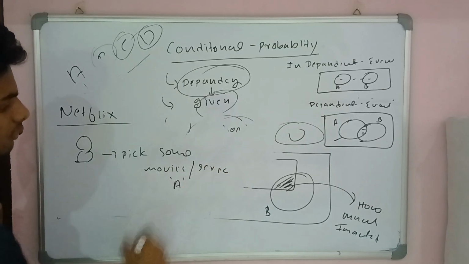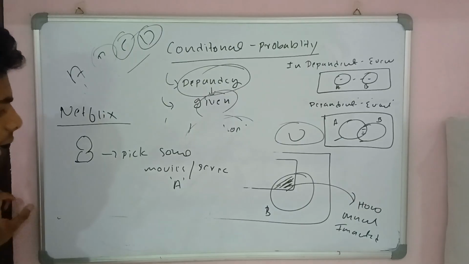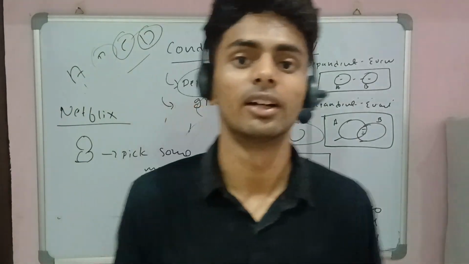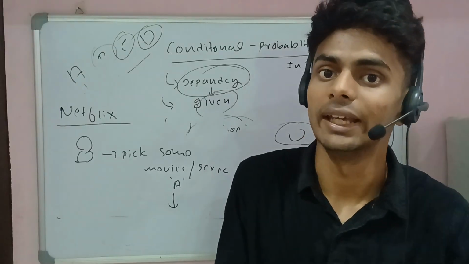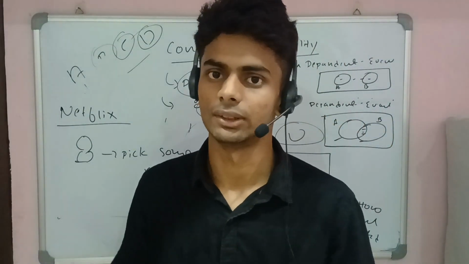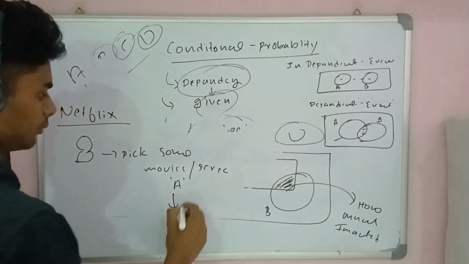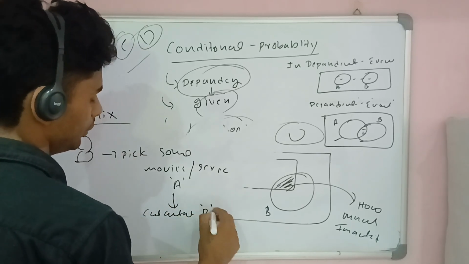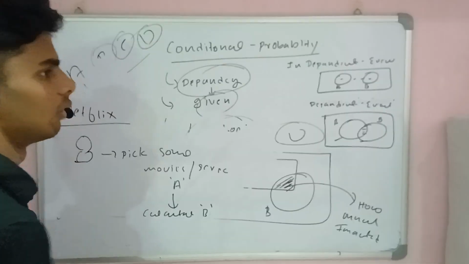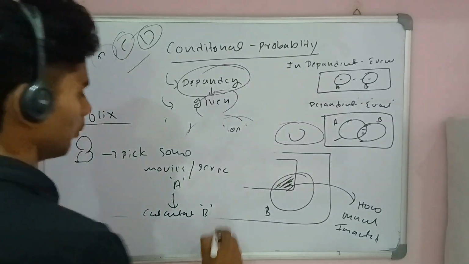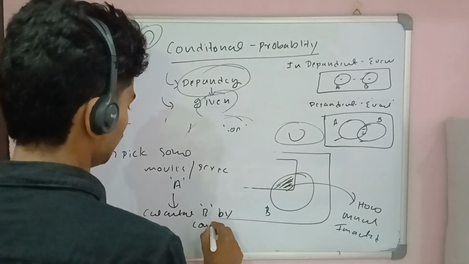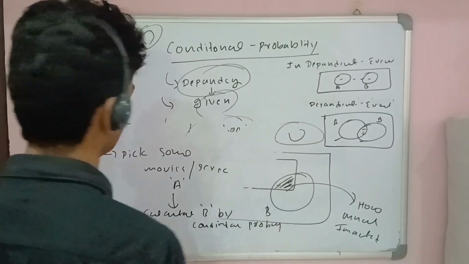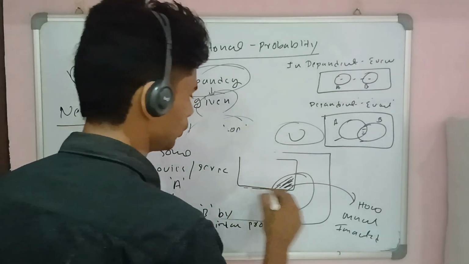Let's suppose that is A. After this, the Netflix algorithm is designed by applying conditional probability to calculate how much A is related to the other items in the database, to calculate B for recommending. Calculate B by conditional probability.